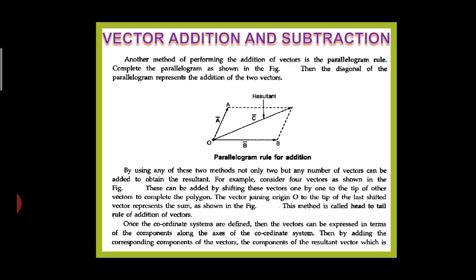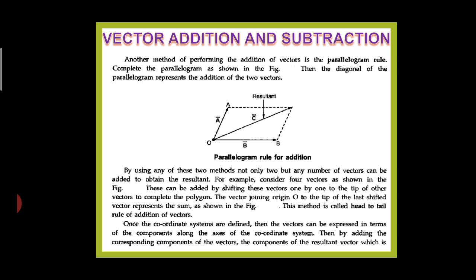Now another method of performing the addition of vectors is the parallelogram rule. The parallelogram rule and the head to tail rule are the methods of addition and subtraction of vectors. By using these two methods, not only two but any number of vectors can be added to obtain the resultant.